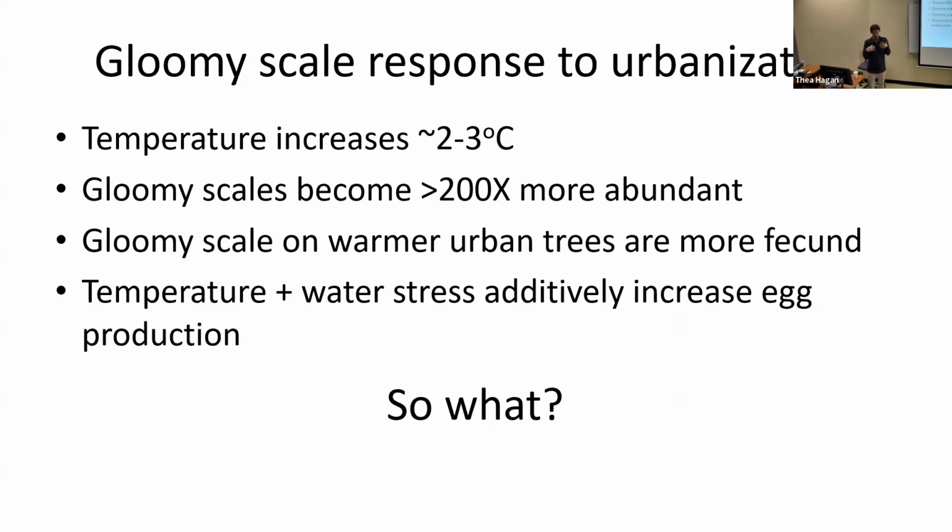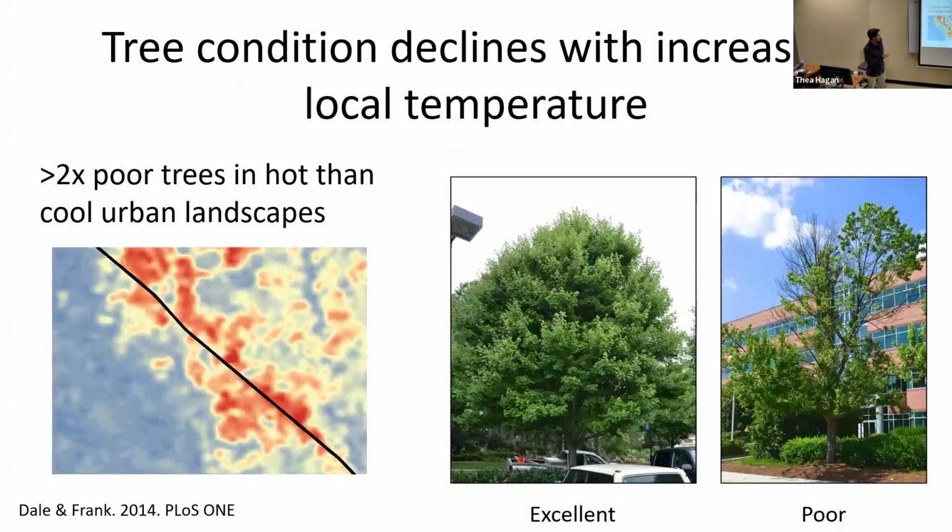I'm really interested in the bugs, and I think it's fascinating to see what's happening to the bugs, but what ultimately matters is the outcomes for the trees, because we're trying to grow healthy trees and healthy urban forests. To get at that question, we went back to all those trees and we quantified the number of trees that looked like this versus the number of trees that looked like this.